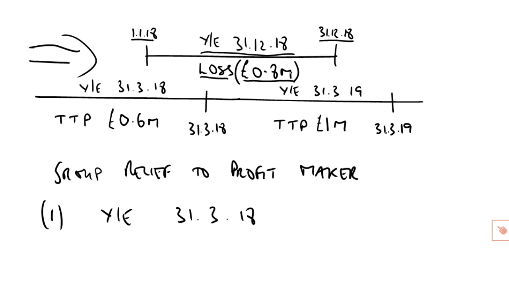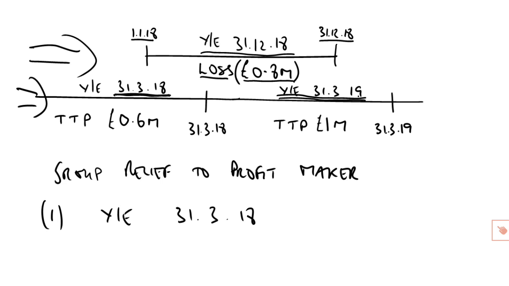But the company against which we will relieve those losses has its profits computed based on a year ended 31st of March. Of course, that means that a part of the loss-making period, the year ended 31st of December 18, corresponds with a part of the profit-making period of the year ended March 18, and also partly of the year ended 31st of March 19.